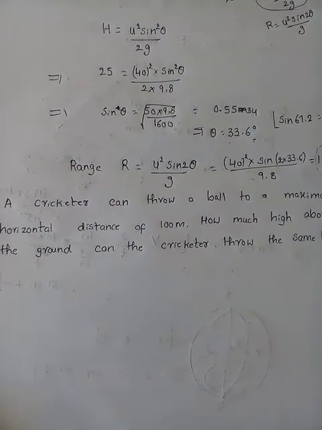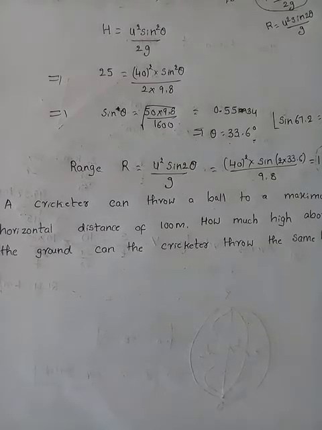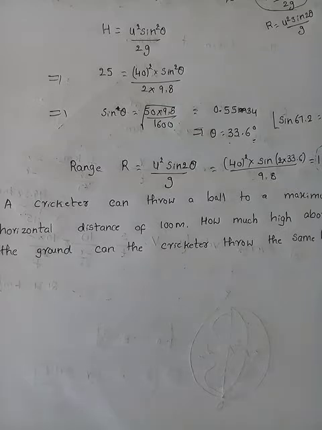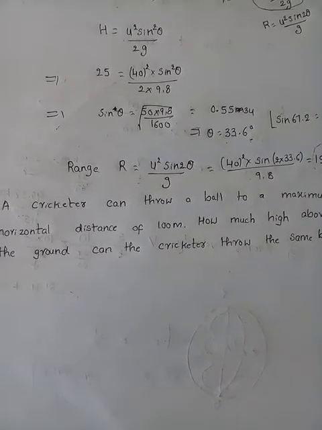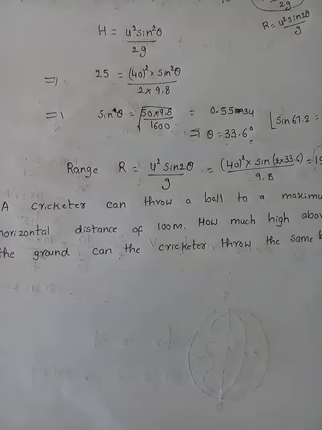Let us see what that is. A cricketer can throw a ball to a maximum horizontal distance of 100 meters. How high above the ground can the cricketer throw the same ball? They say the cricketer can throw the ball to a maximum horizontal distance of 100 meters.